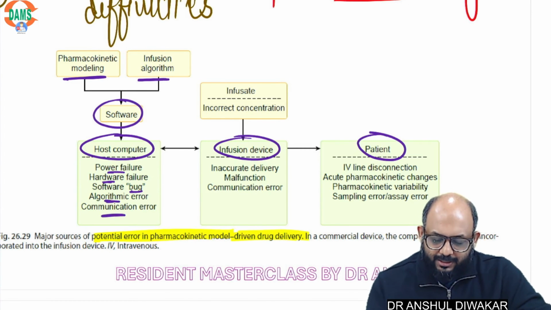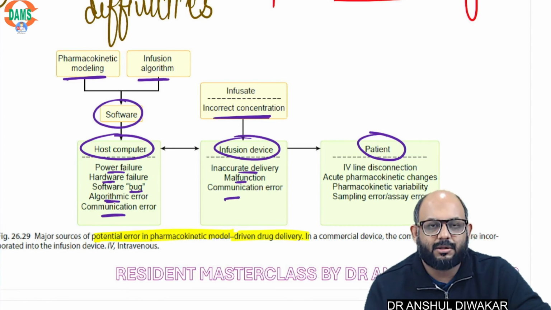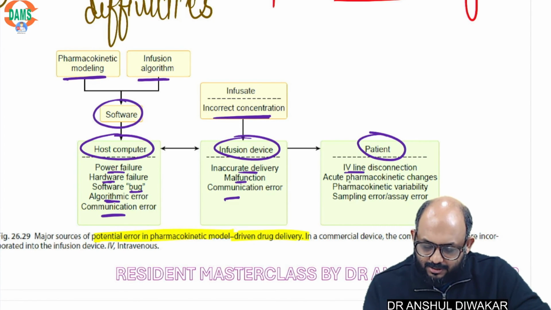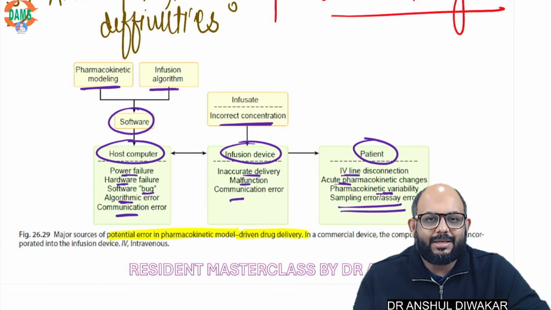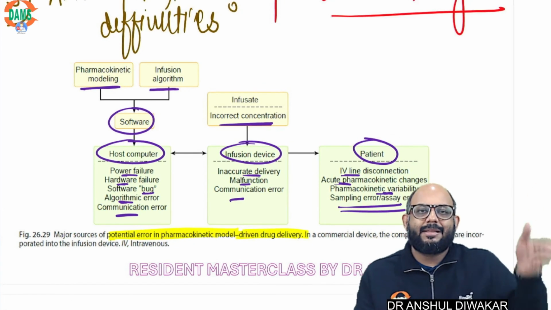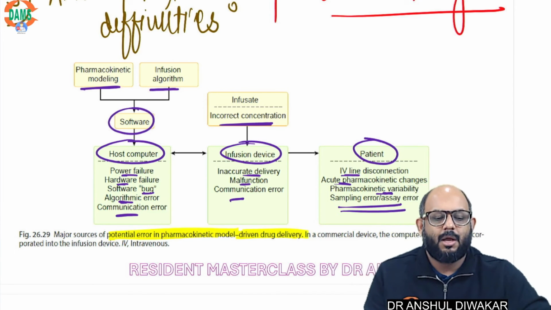You can have incorrect concentration which can cause incorrect delivery, malfunction, communication error. You can have IV line disconnection, pharmacokinetic change, pharmacokinetic variability, and sampling error or assay error. So these are the levels: at the level of the software, hardware, at the level of the device, and at the level of the patient.